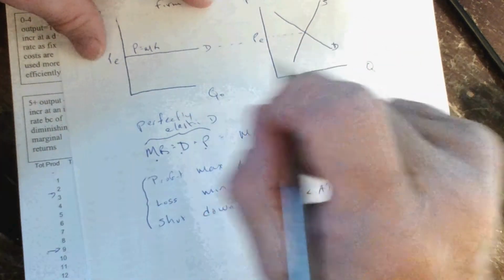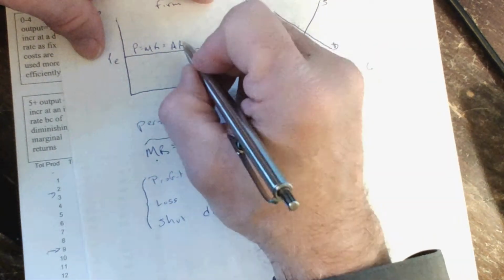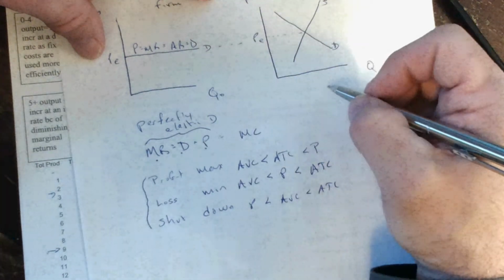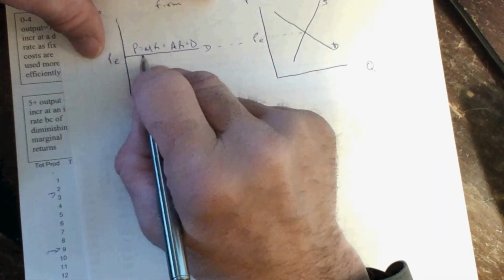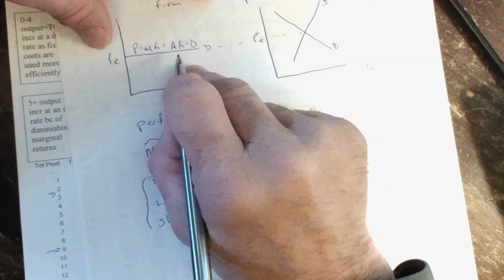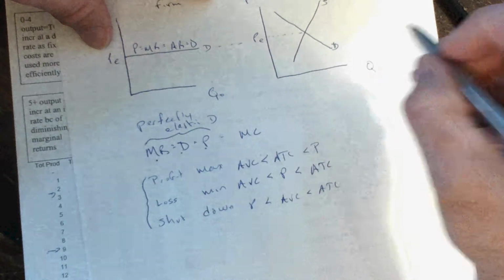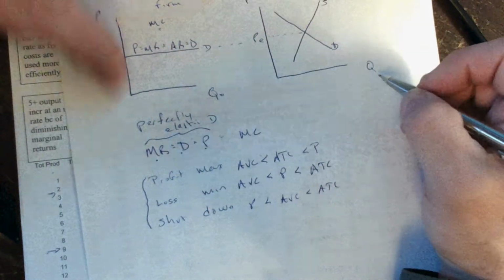Also, as we displayed in an earlier worksheet, price is also going to equal average revenue, and this also equals demand. So we're going to set all of these variables equal: price, which also equals marginal revenue because of this perfectly elastic demand curve, average revenue, and demand. We're going to find where that equals marginal cost.